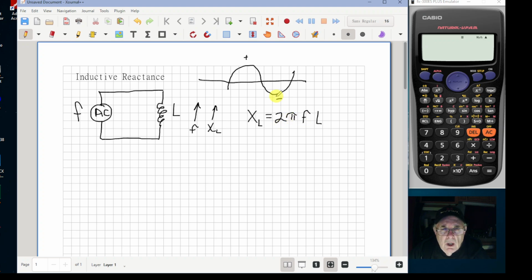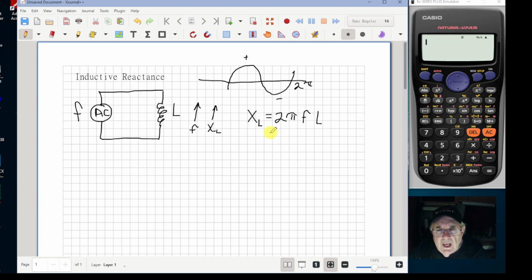Recall, if you're not familiar with radians, review my video where I talk about radians and degrees and converting between them. This is one of those cases where instead of having this cycle measured out in degrees, we have it measured out in radians. And one full cycle takes 2 pi radians. And so we're simply multiplying one whole cycle times how many times that cycle occurs. That's really what this statement means.